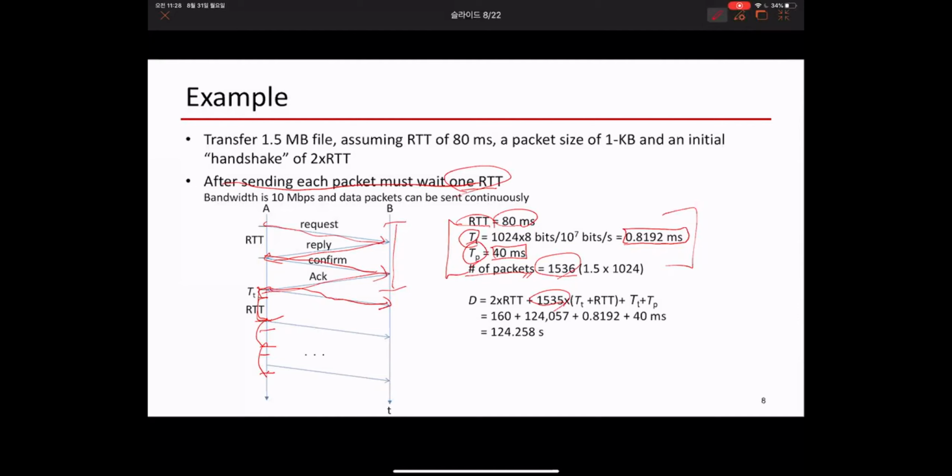And then the last one, I do TT, and I don't have to wait an RTT, but this packet needs to be delivered properly, so I have to wait for the propagation delay. So the total time is 124 seconds. Clear? Everybody see how I solved the simple example?